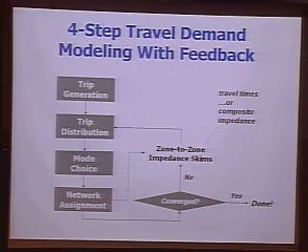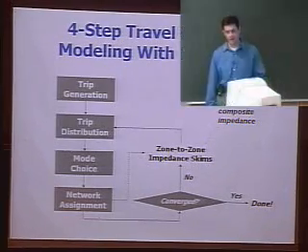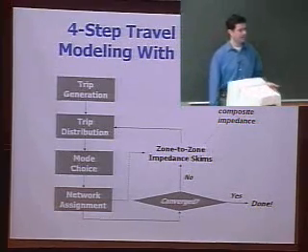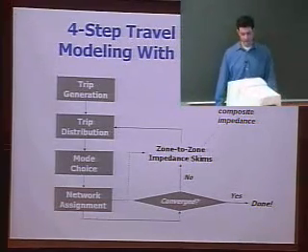Then, of course, mode choice, you're making a discrete choice. Once you know where you're going, I'm going from this zone I to that zone J. How am I going to get there? And you apply a probabilistic model, typically, for mode choice, and you choose the mode. I'm going to drive alone. I'm going to share a ride with somebody. I'm going to take public transit. I'll walk. One of those.